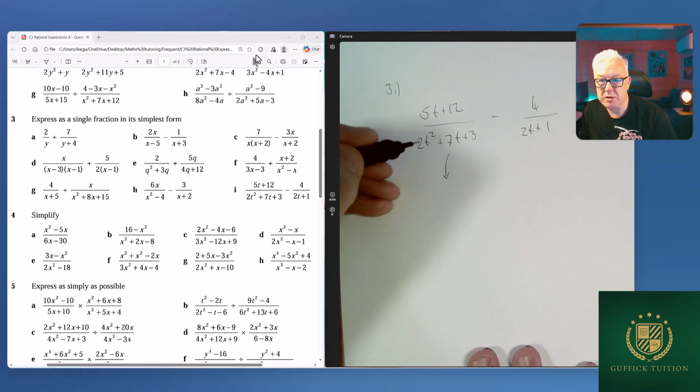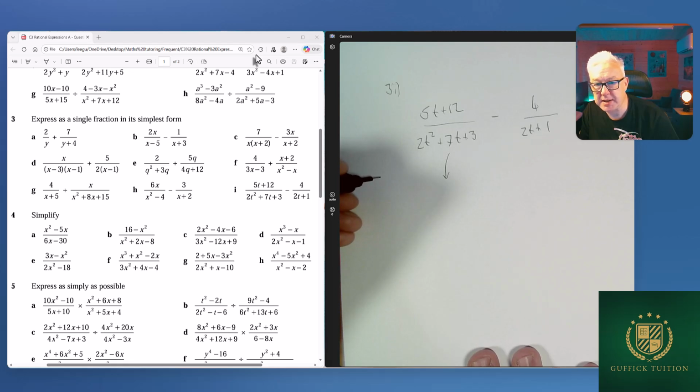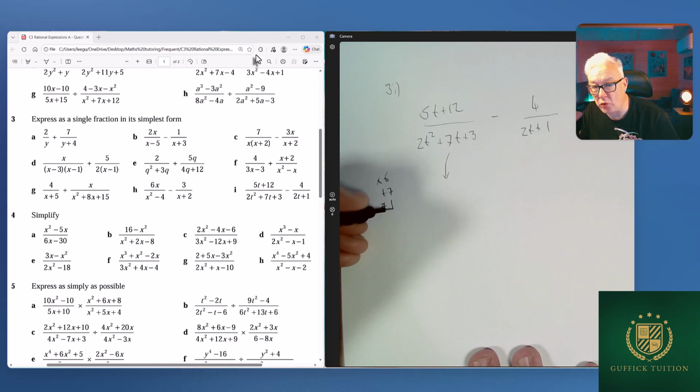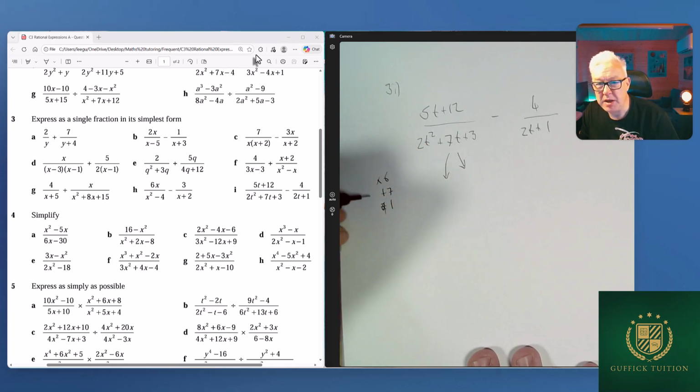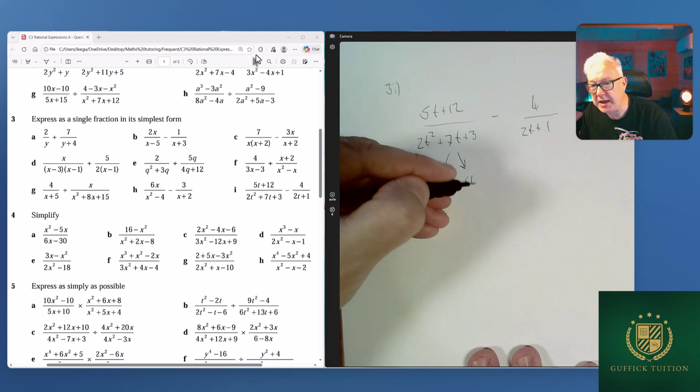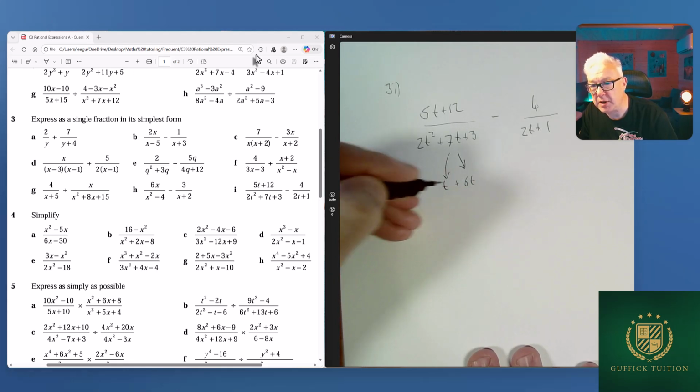So I'm going to go 2 times 3 is going to be 6. So I'm looking for two numbers that times together to make 6, but add together to make 7. So that is going to be 6 and 1, because 6 times 1 is 6 and 6 add 1 is 7. So I'm going to split that middle term into 6t and 1t, like that.